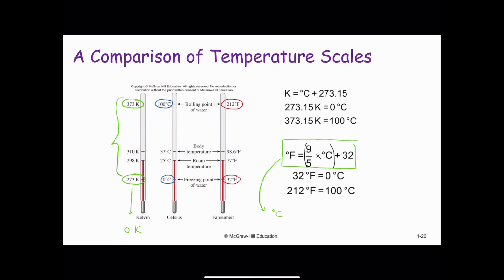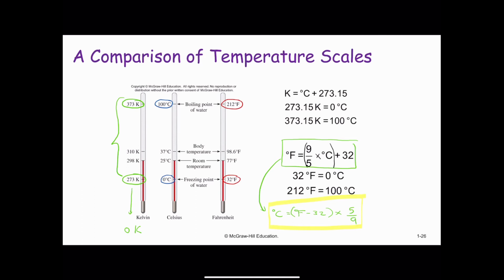And when you do that, you would end up with degrees Celsius is equal to degrees Fahrenheit minus 32 multiplied by 5/9. Again, it would be a good idea to check to make sure you have the necessary algebraic skills to be able to do this.